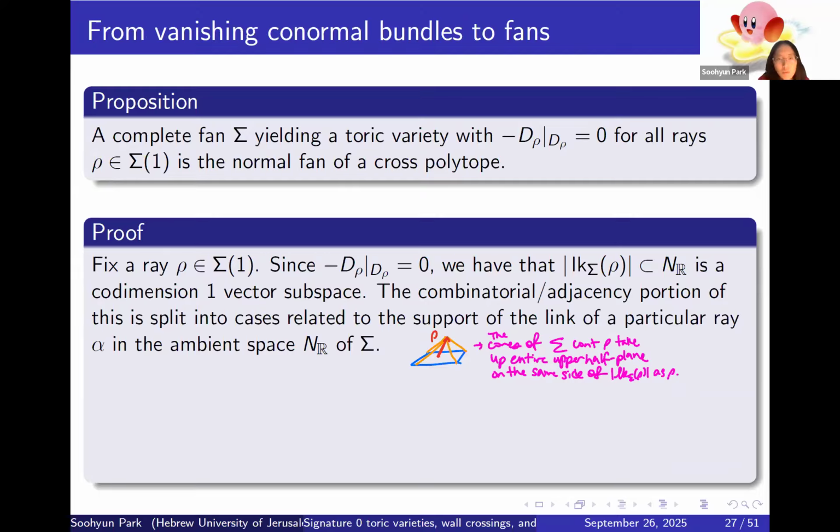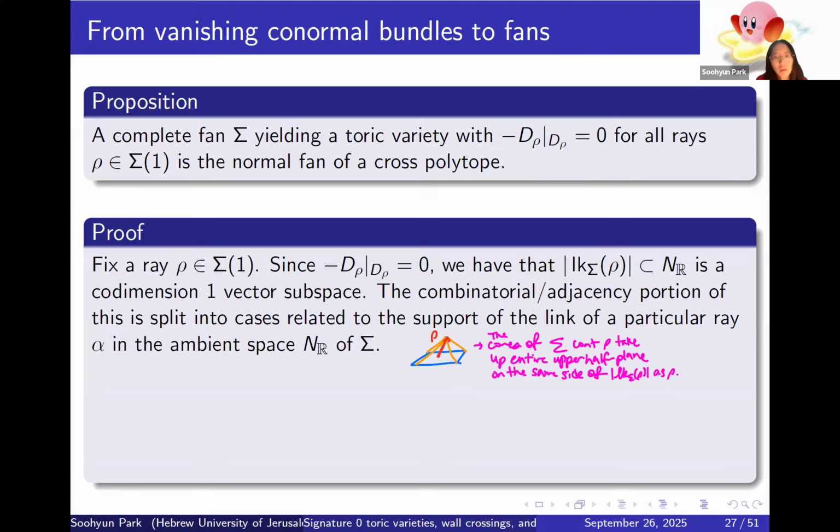Okay, let's first fix a single ray of the fan. Then what happens is that because the restriction of the conormal bundle, the conormal bundle itself is 0, going through this polar dual stuff basically says the realization of the link in the ambient space of the entire fan is a codimension 1 vector subset.